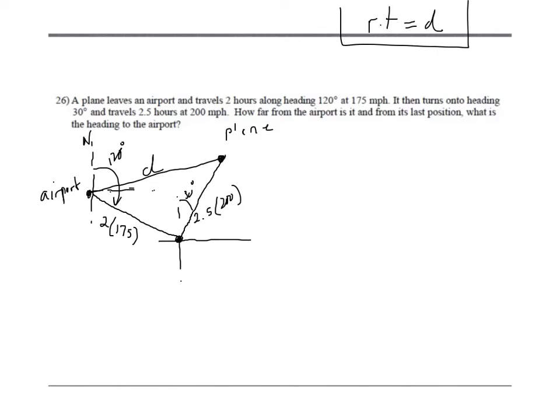So the heading is going to be from the plane to the airport. I need to be able to find where it is here. As you can see, I have kind of drawn in the X and Y.